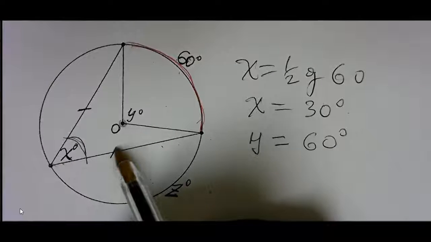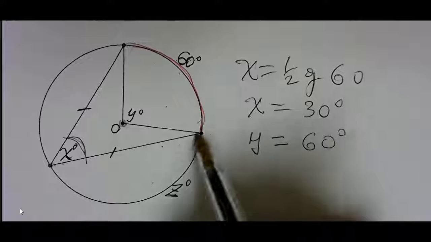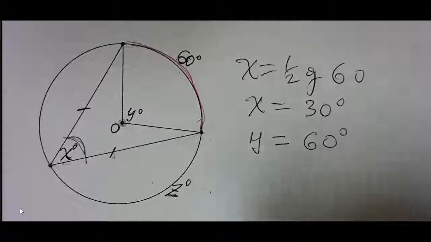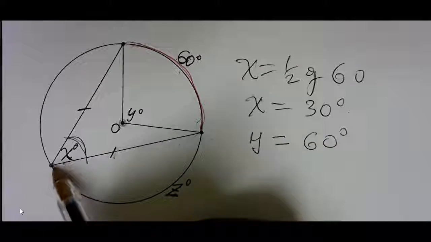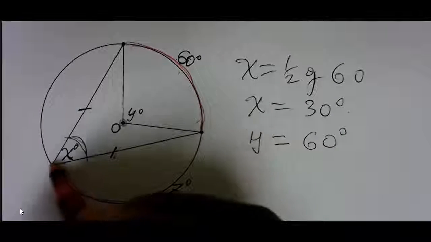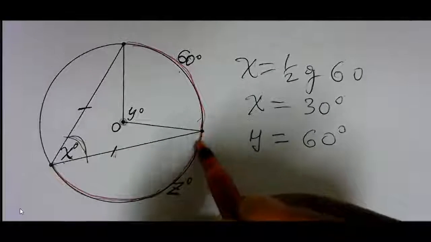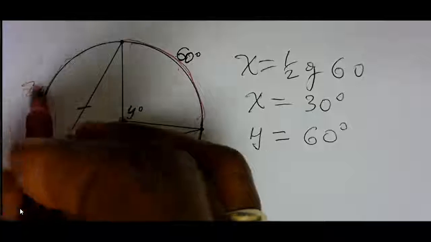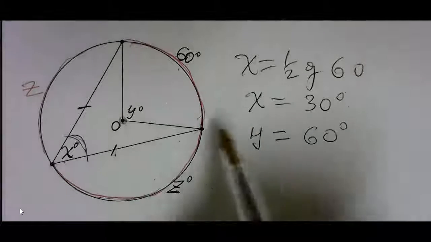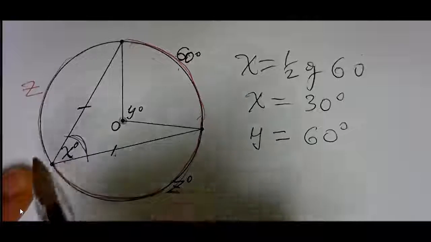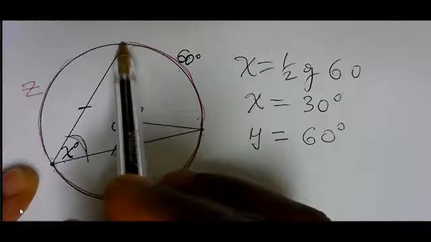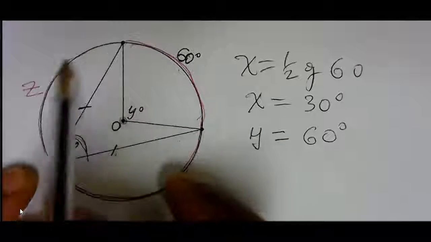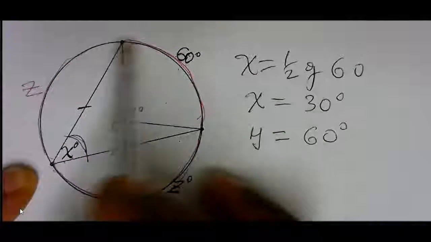Arc Z, again, this symbol shows that this chord is equal to this chord because they have the same symbol. So the arc Z then has to equal this arc as well. So if this is Z, this is also arc Z. And what do we know? That this arc Z plus the remaining arc Z plus arc 60 all add up to 360, because the whole circle circumference is made up of 360.